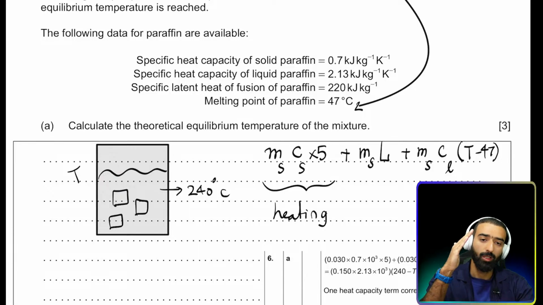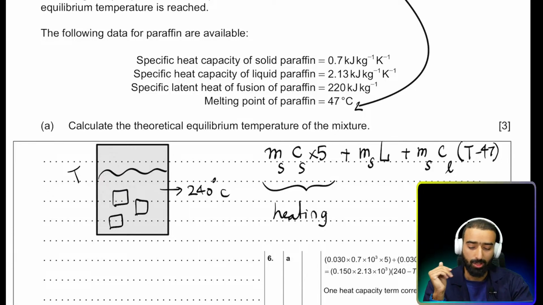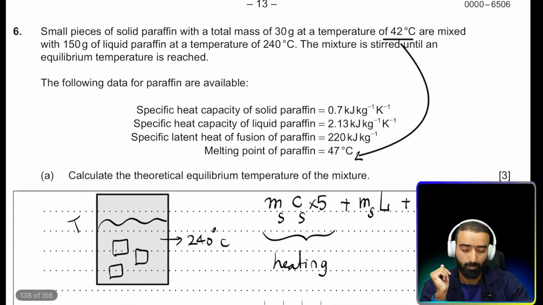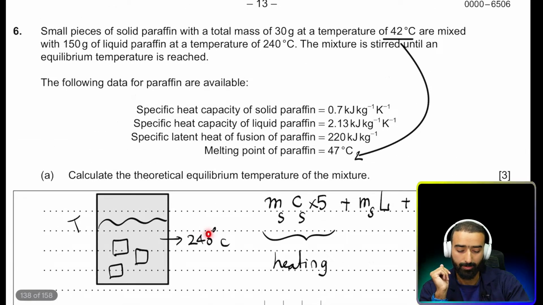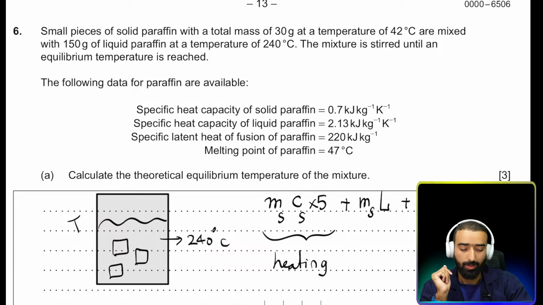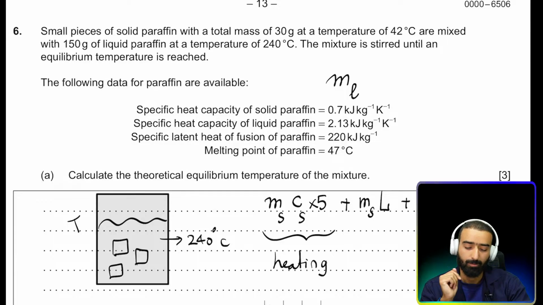So this amount of heat must have been lost by the liquid. So the liquid simply falls in temperature. It goes from temperature 240 degrees to temperature T. So let's write that equation. The amount of heat lost by the liquid paraffin would be mass of liquid, heat capacity of liquid paraffin times the temperature drop.